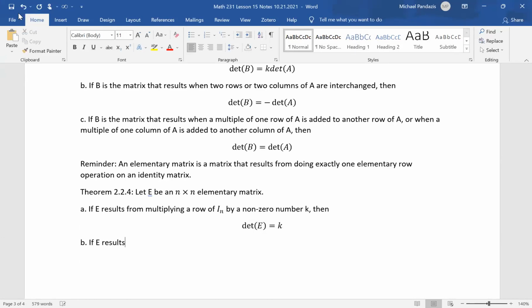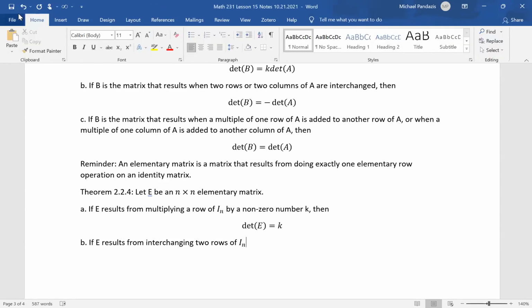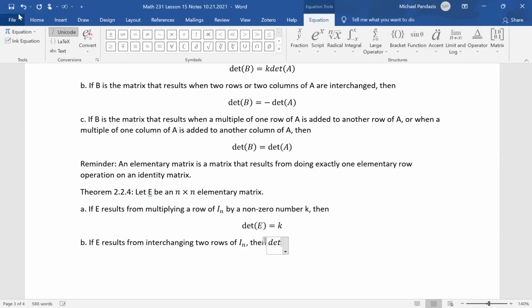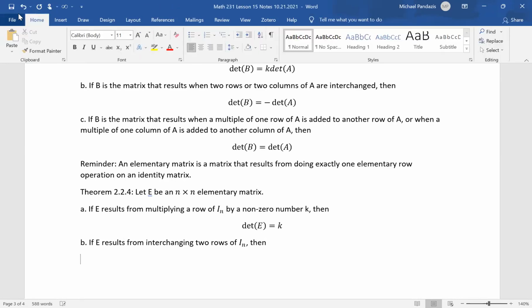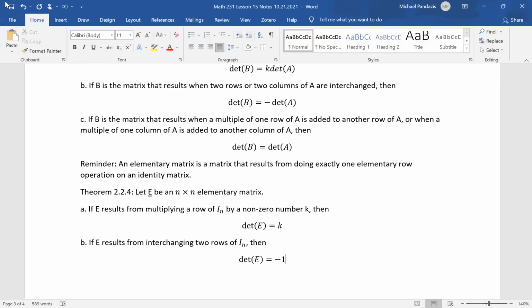If E results from interchanging two rows of an n by n identity matrix, then the determinant of that resulting elementary matrix is equal to -1. Okay, so if you take an identity matrix and you interchange two rows of it to get an elementary matrix, the determinant of that resulting elementary matrix is -1.